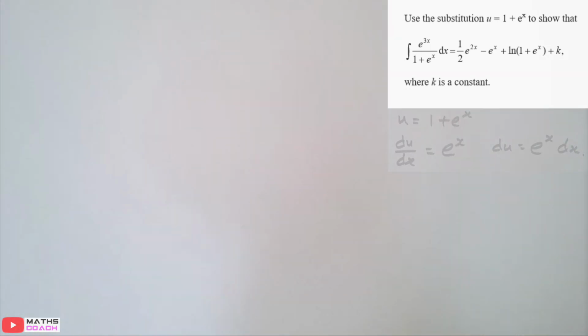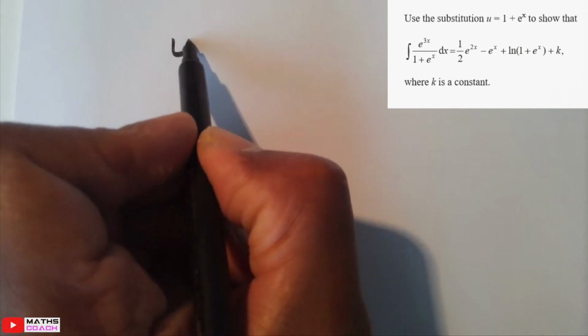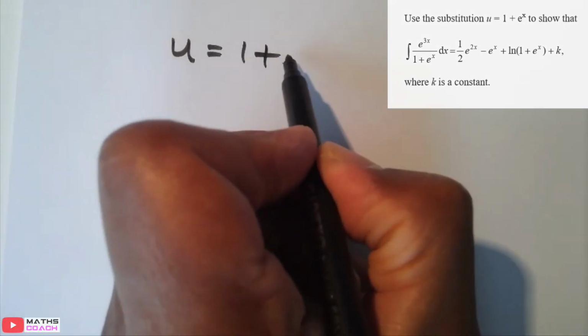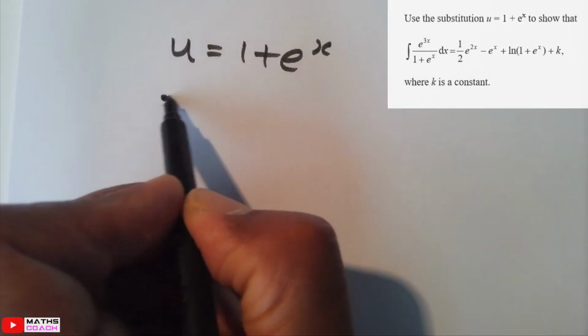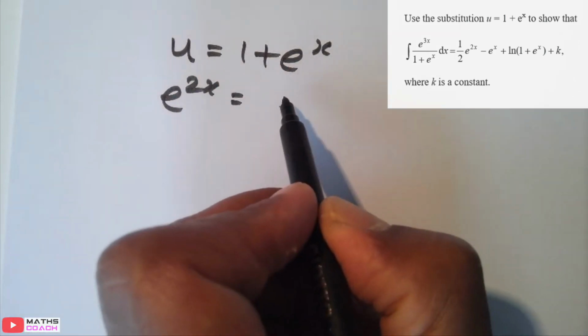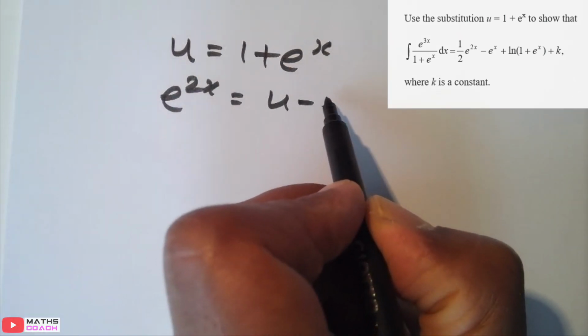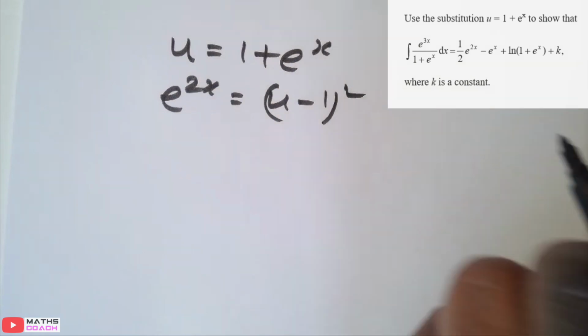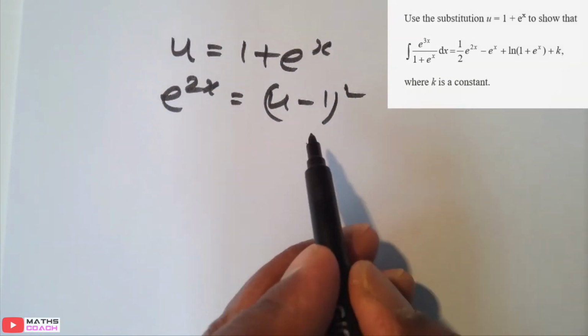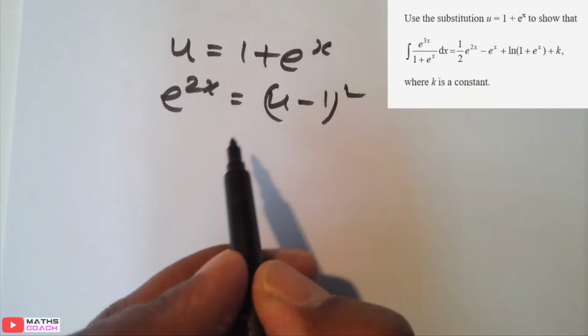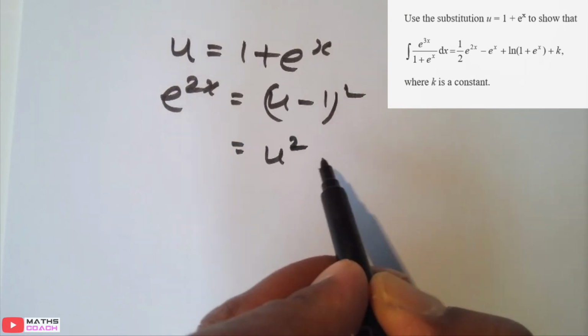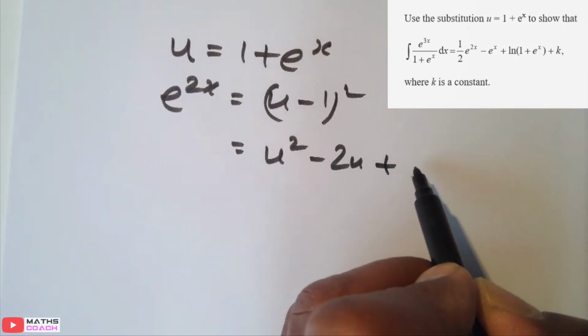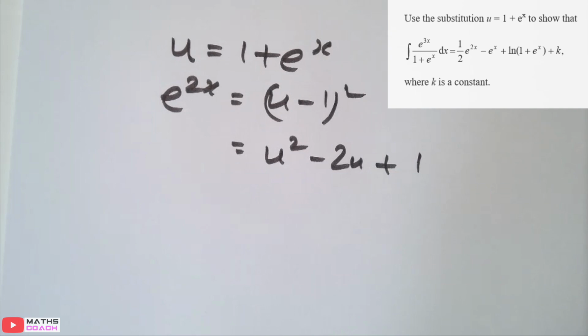So we know that u equals 1 plus e to the x, and e to the 2x is equal to u minus 1 whole squared. If we expand u minus 1 whole squared, we get u squared minus 2u plus 1.